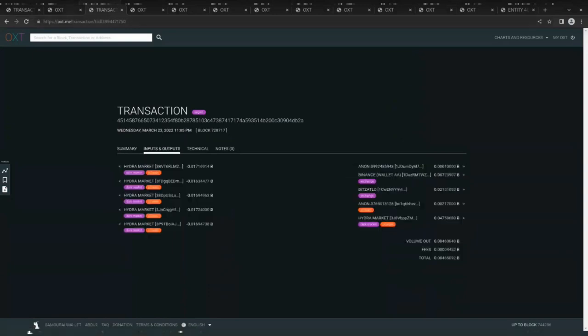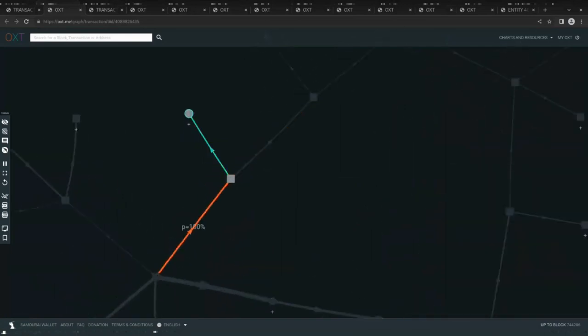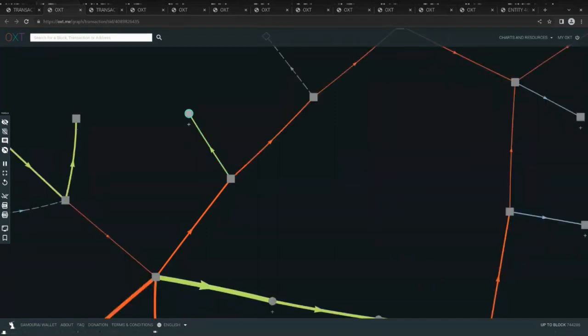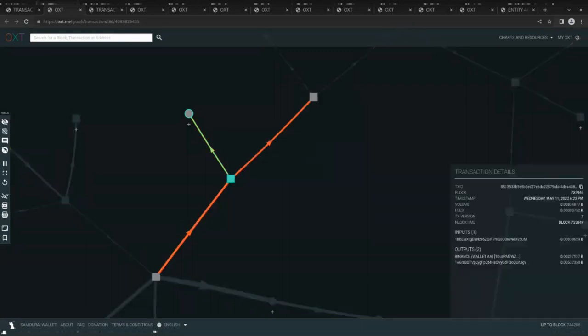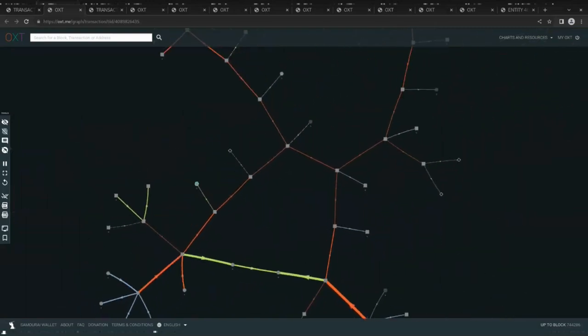So while we don't know who controls this address, if it's directly controlled by this potential vendor or it's the vendor paying to someone else, we do know that this address frequently receives from this part of the transaction graph. And so I think that just about wraps up this part of the graph traversal.